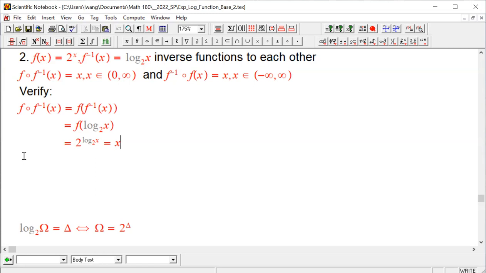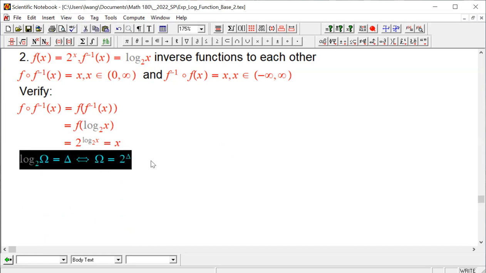And on the other hand, from the definition, we will see the same thing. Because you can see omega equals 2 to the power triangle. Triangle is the same as this guy.